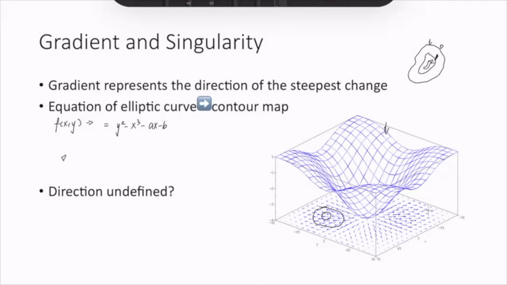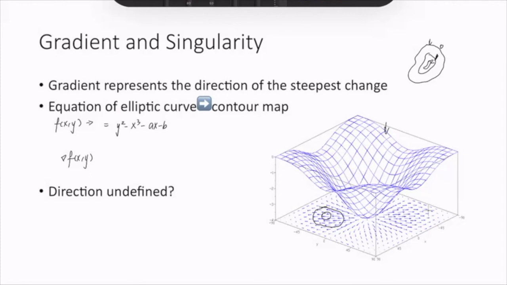So we have del f(x, y), meaning that we're taking the gradient of that contour map.